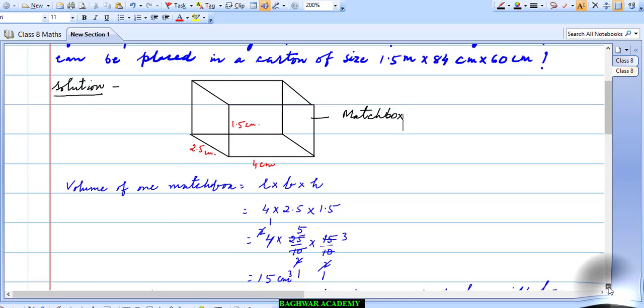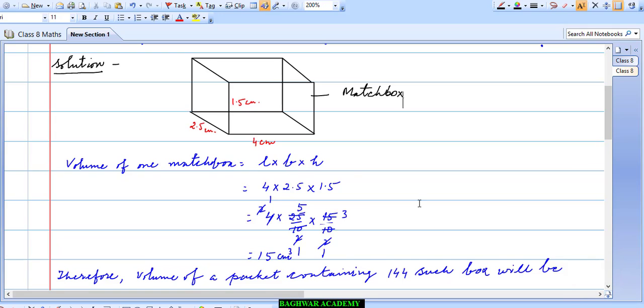We know the formula: volume of matchbox is length into breadth into height, L into B into H. All the dimensions have been given, so you just need to write 4 into 2.5 into 1.5.